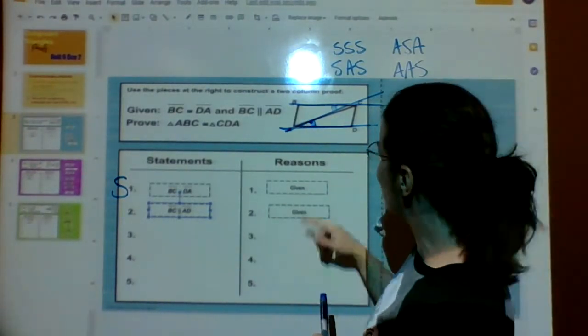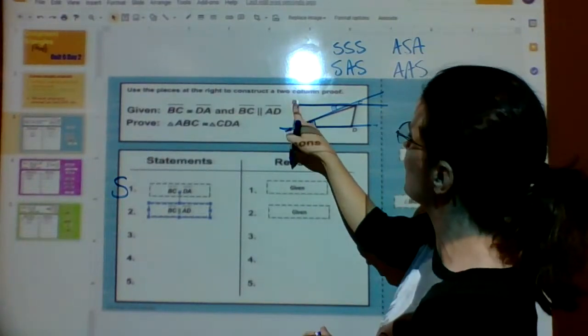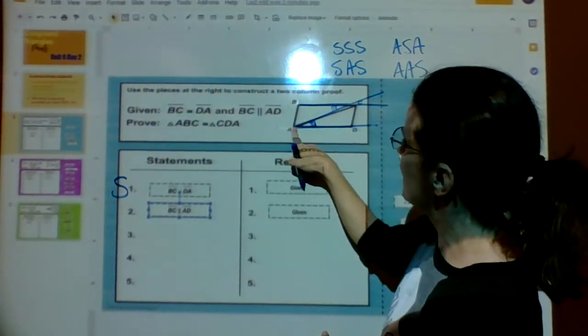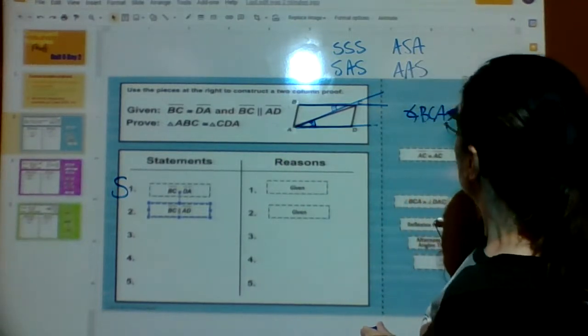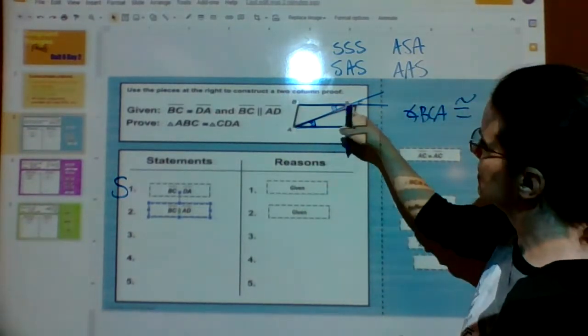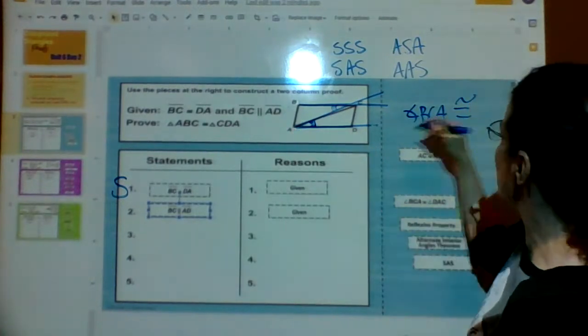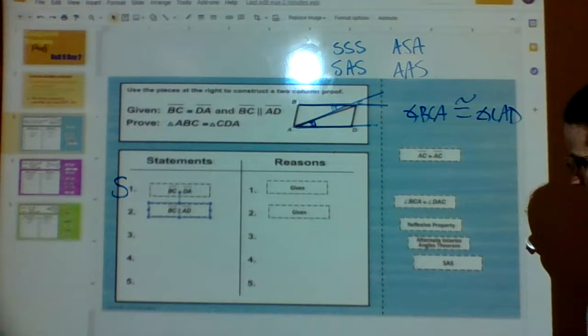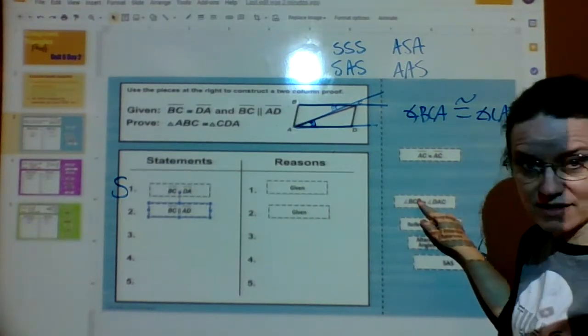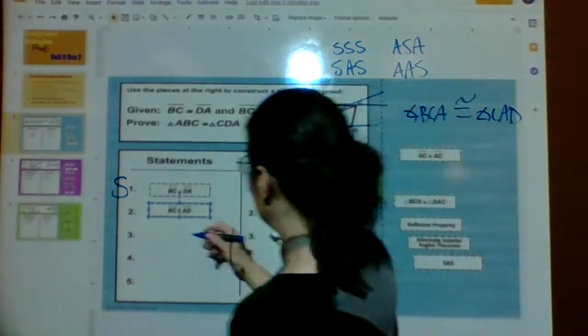So I can say now that this angle, this one here, is angle BCA. So angle BCA is going to be congruent to angle CAD. And so I look through here, and oh, this one actually has them written out for me. So I could have written this right here.